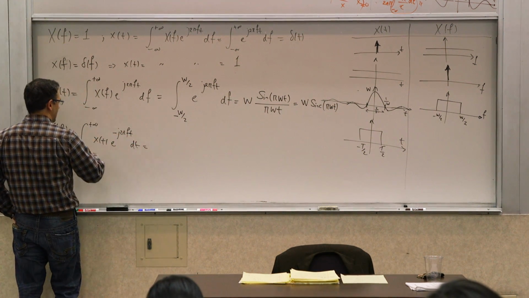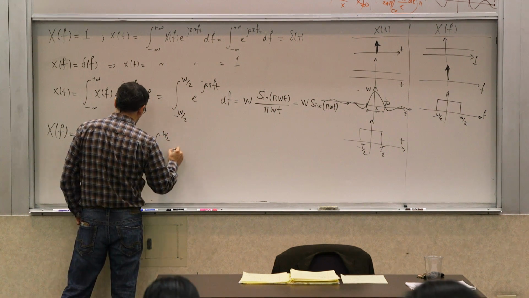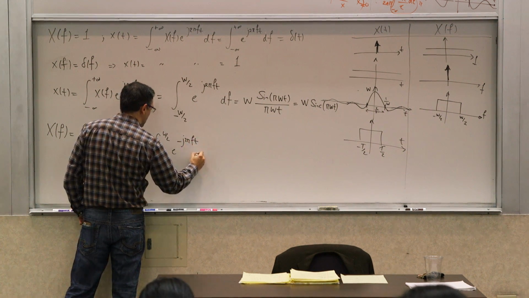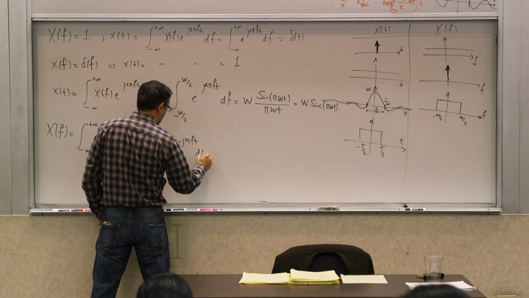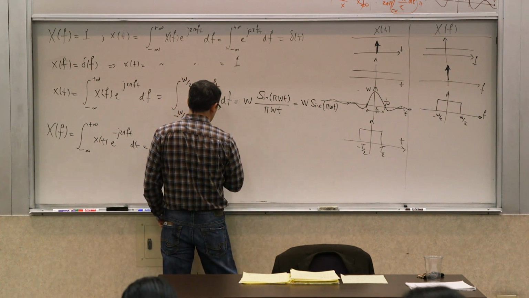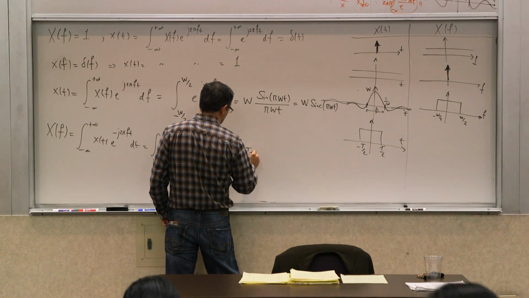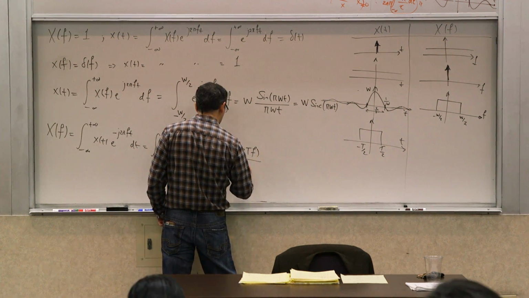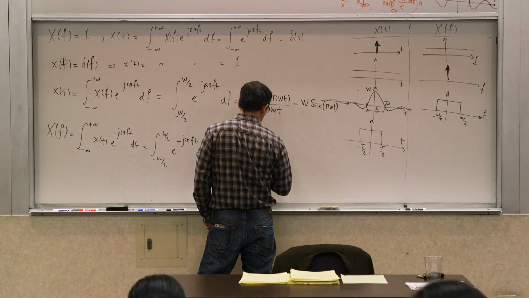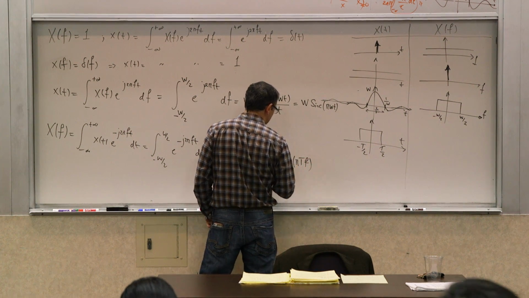This time, again, the limits of integration become negative w over 2 and w over 2, e to the negative j2 pi ft dt. And when you calculate this integral, you will see it's going to be T sine of pi Tf over pi Tf. You can write this as T sinc of pi Tf.